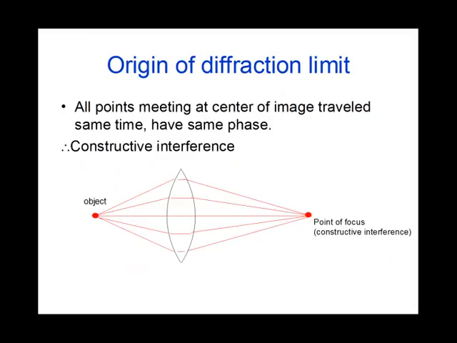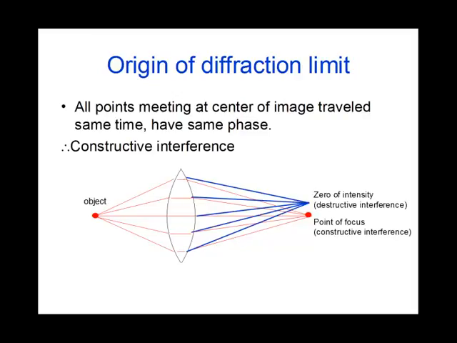The origin of this effect is quite simple. If we start off with an object and look at the point of focus, the point of focus is a point of constructive interference. All of the different paths that light could take involve the same amount of time, by the principle of least time, so everything's arriving in phase.